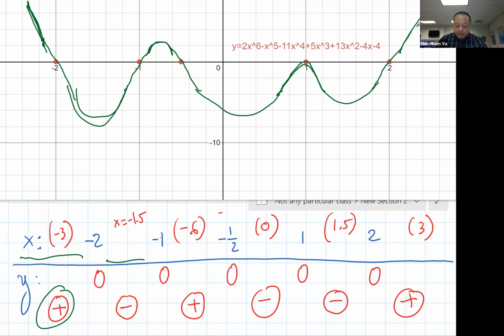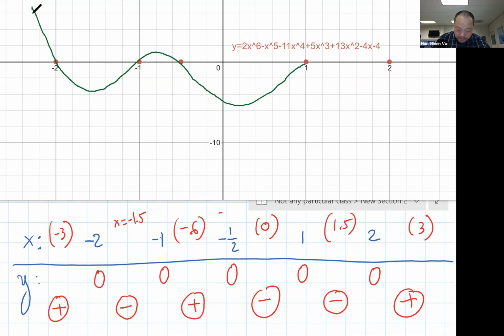If I want to be more exact, I can calculate the y-intercept, which is equal to -4. Maybe I should draw the graph a little more like this. But in terms of the shape of the graph, this is pretty good. Now let me erase the whole thing and draw a cleaner looking graph without all the hairy stuff.